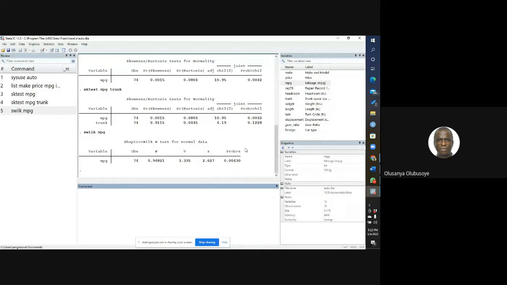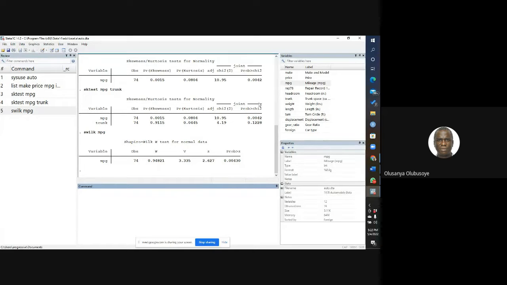So those are the options. Every researcher chooses their own alpha value, but the common ones that researchers choose are the three I've just mentioned: 0.01, 0.05, and 0.10.